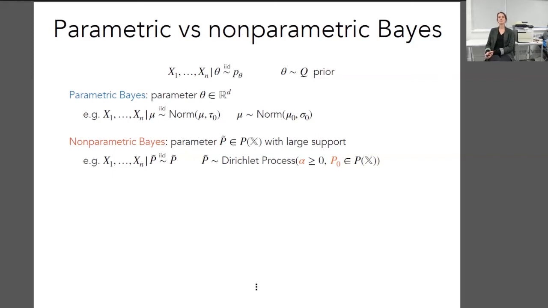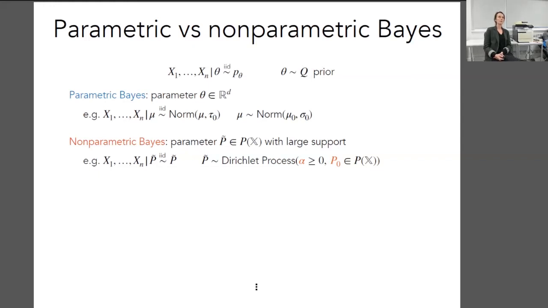So for example, one of the simplest non-parametric models one can think of is where you have the parameter being equal to the entire distribution of the data. So basically, you assume that the observations conditionally on this random probability are IID from the probability itself. And then you simply have to choose a prior for this random probability.